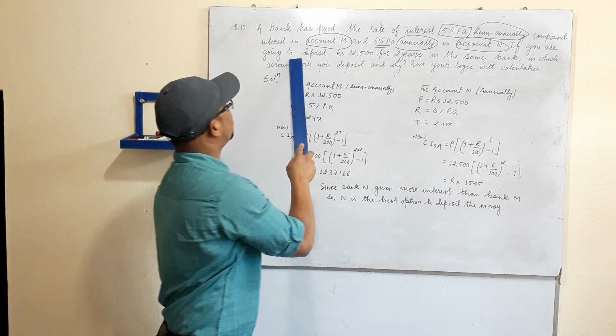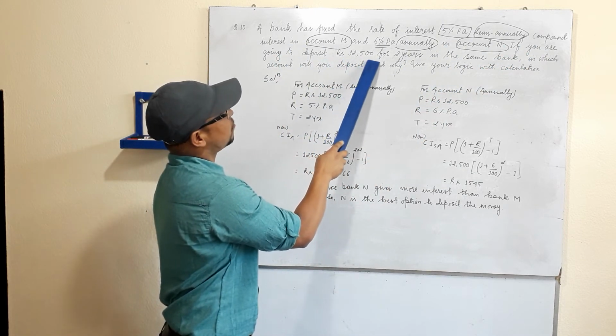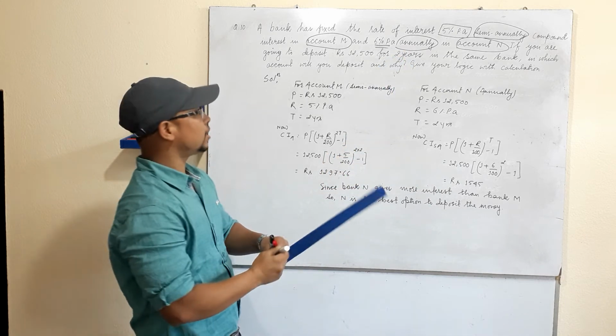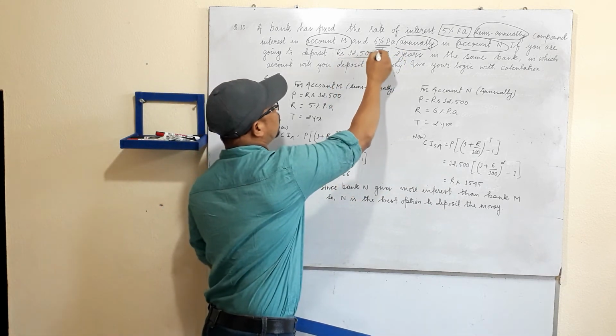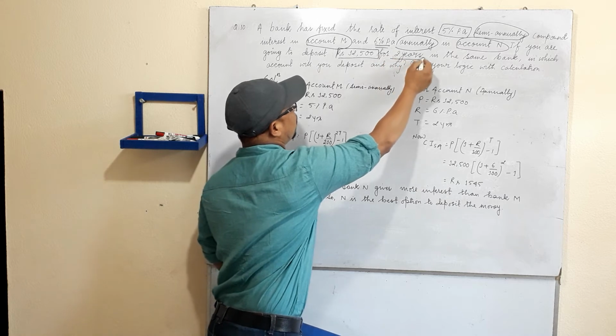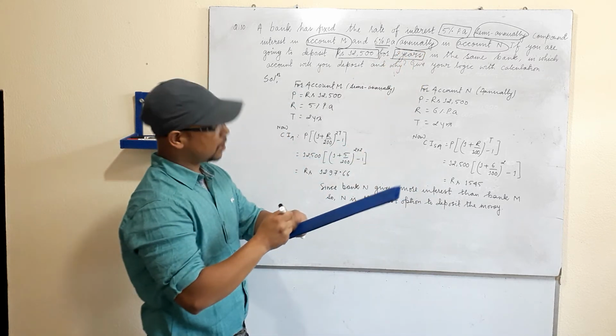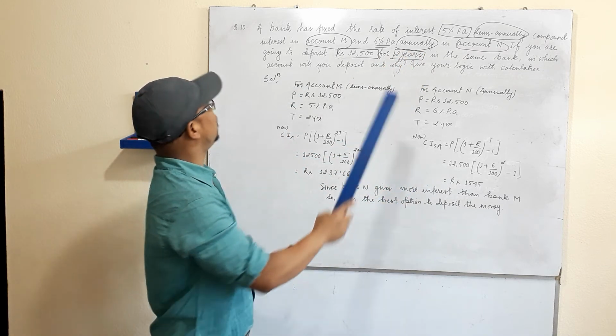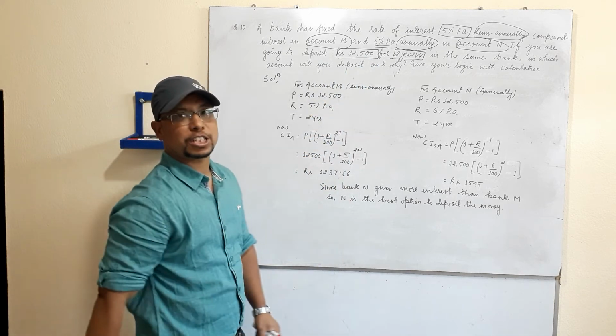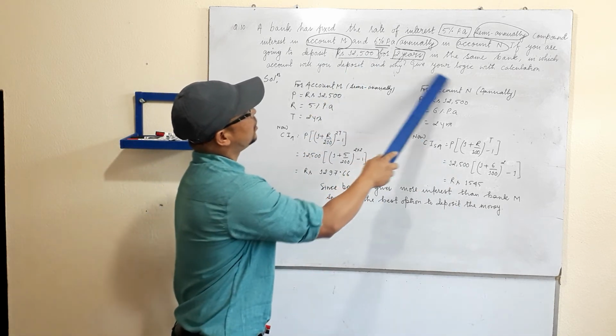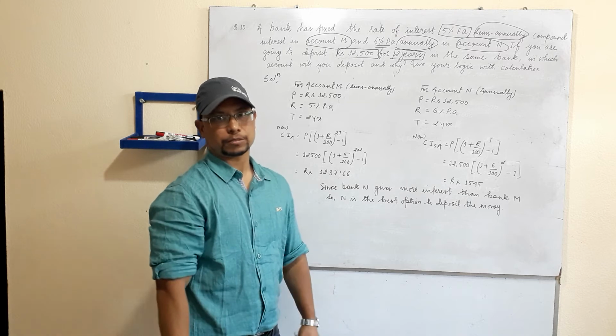If you are going to deposit Rs 12,500 for 2 years, now your principal, you are going to deposit this money for 2 years in the same bank. In which account will you deposit and why? Give your logic with calculation.